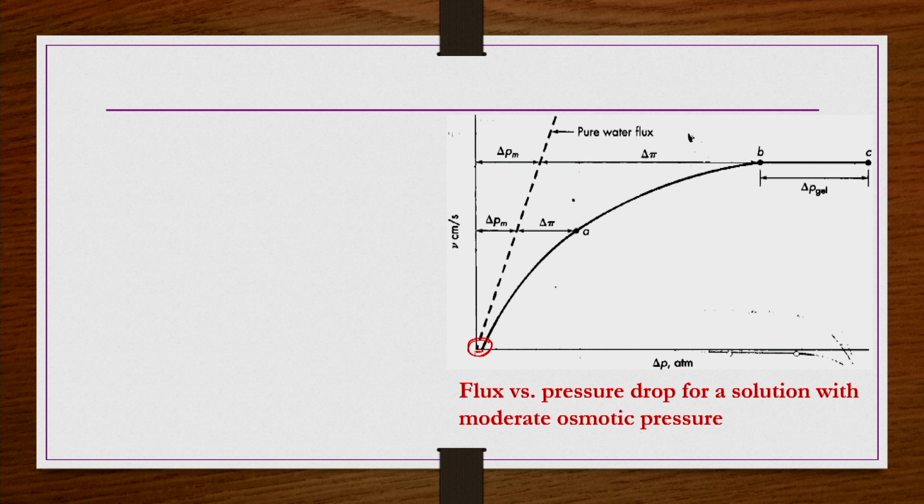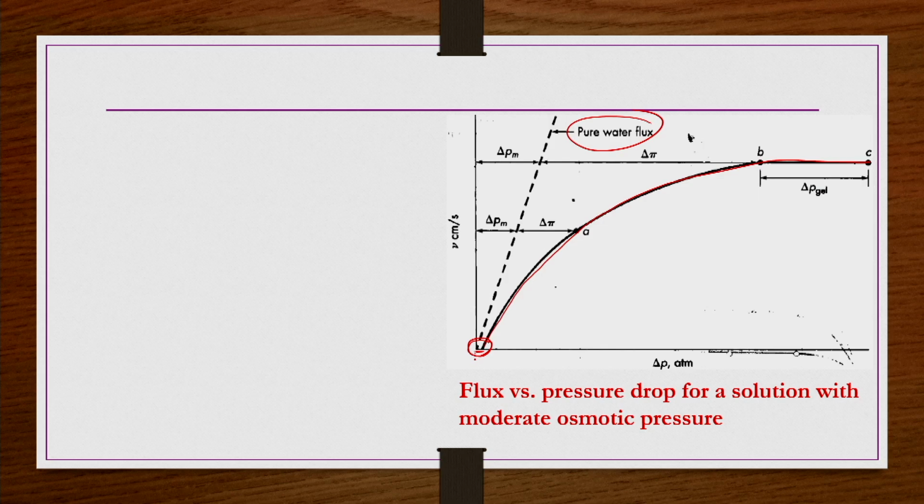Now, here you can see at the origin the pure water flux is passing through the origin, but the other line, the solid line, is the permeate flux for a solution. When you take a dilute solution, the flux looks like this, and it is not passing through the origin. That means solute retention will be there, and permeate flux will only start after a certain delta P has been applied.